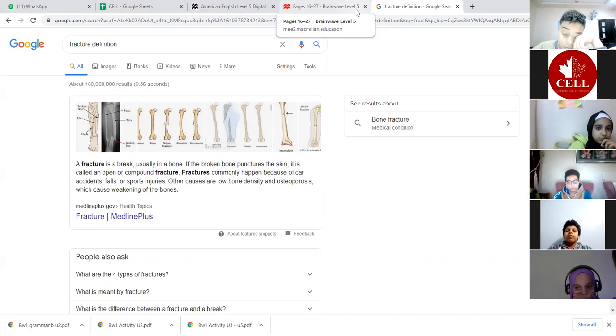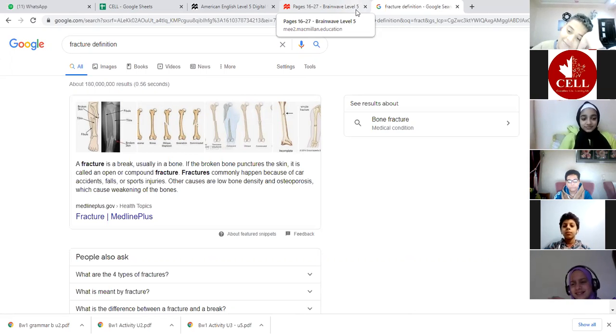So next time if you go to the doctor, God unwillingly, and the bone came out of the flesh, you won't say I fractured my arm. You will say I have an open fracture, meaning the bone came out of the skin.